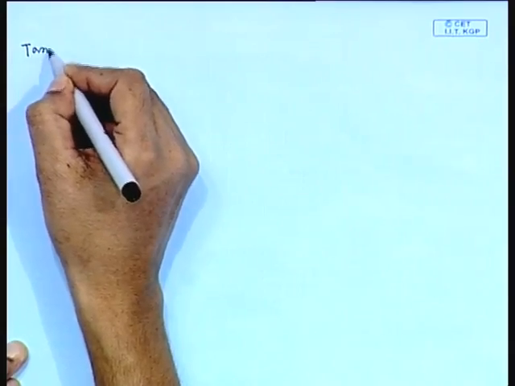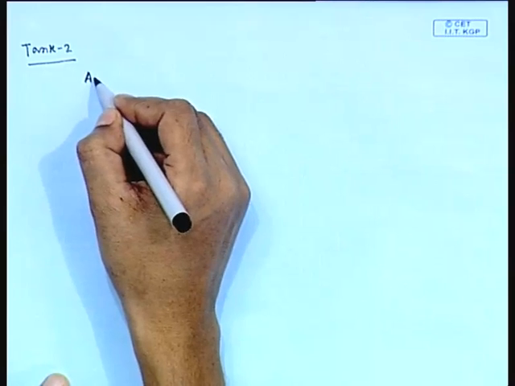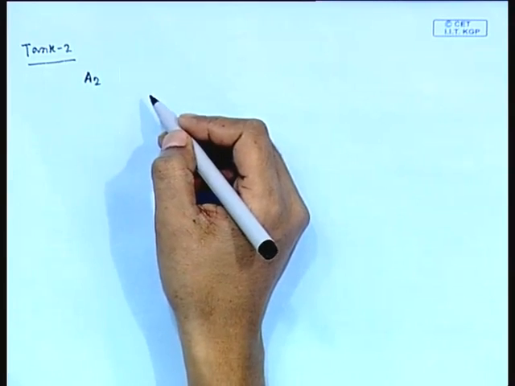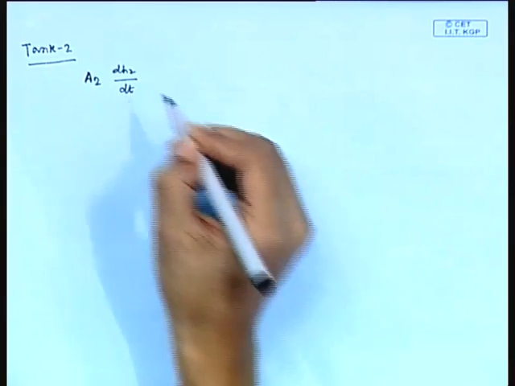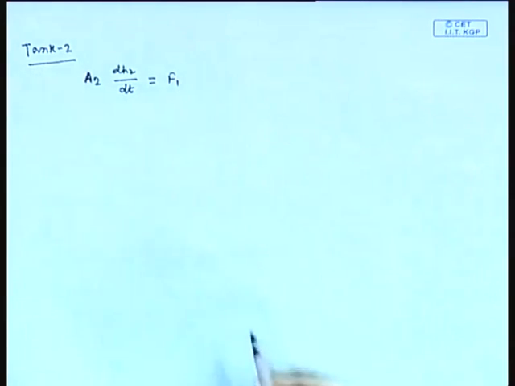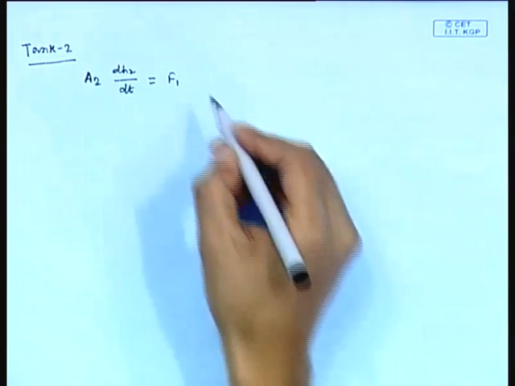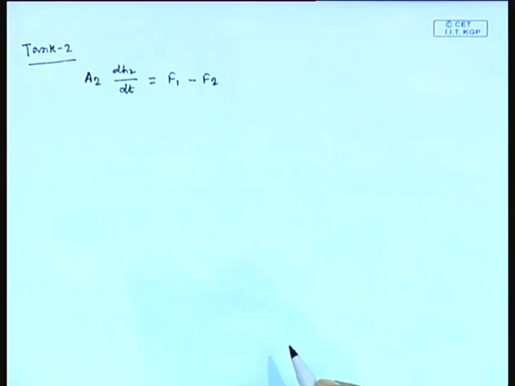Similarly, we will consider tank 2. For tank 2, we can write the modeling equation as A2 dH2/dt equals input flow rate, that is F1, minus output flow rate, that is F2.